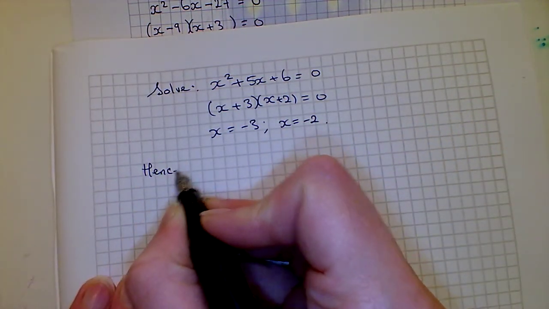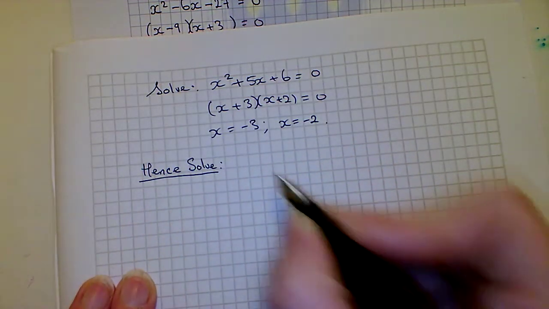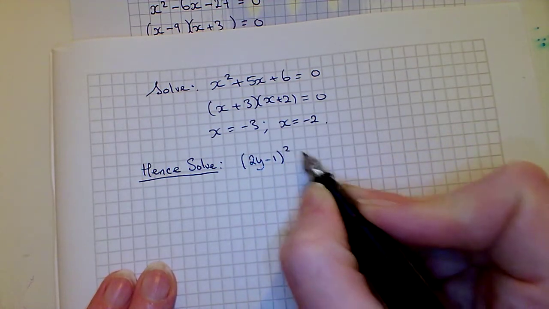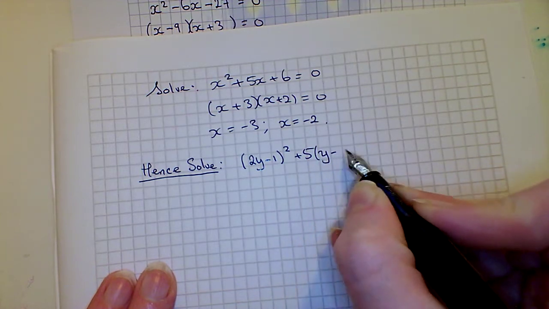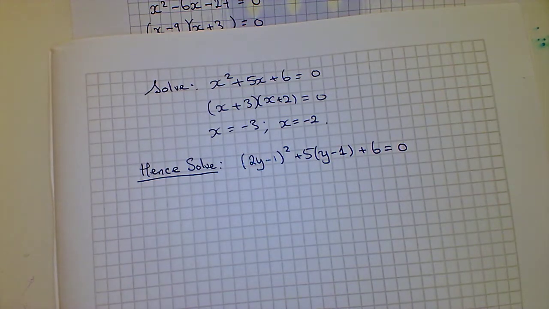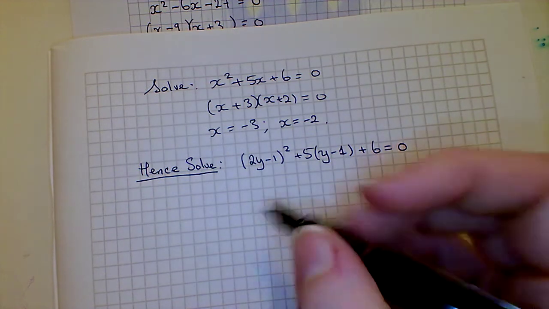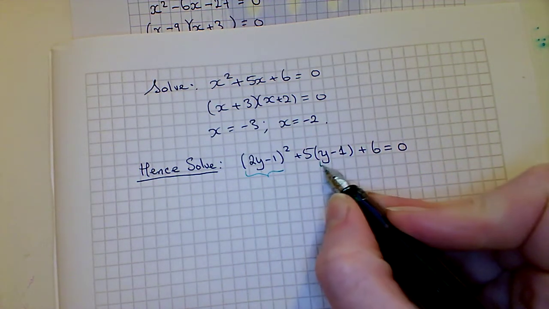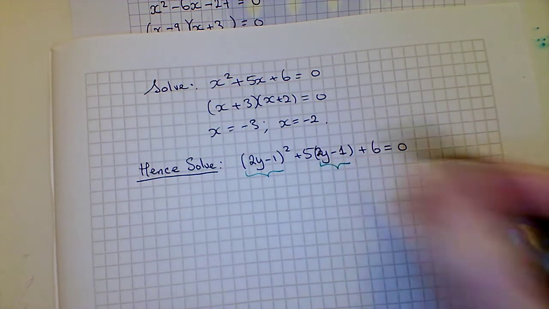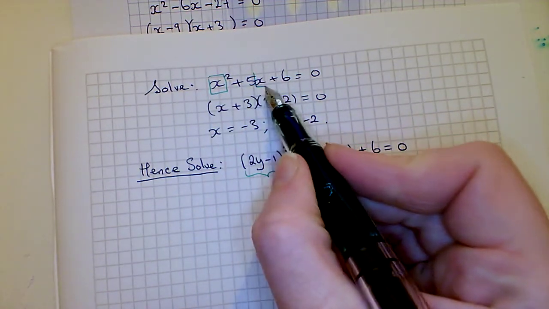Now there's a follow-up substitution question. Hence, solve this. 2y minus 1 squared plus 5 times 2y minus 1 plus 6 equal to 0. I don't know if you can see, but that should be a 2 in front of there, this has 2y minus 1 everywhere this had x.